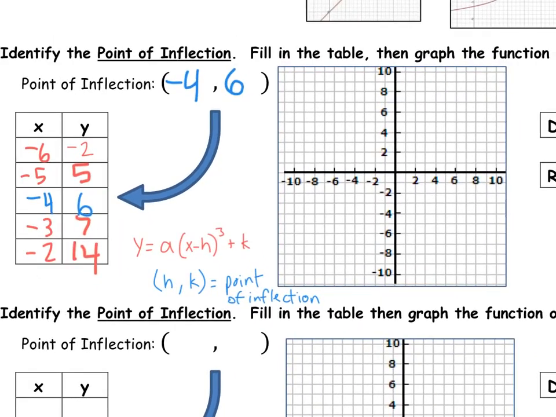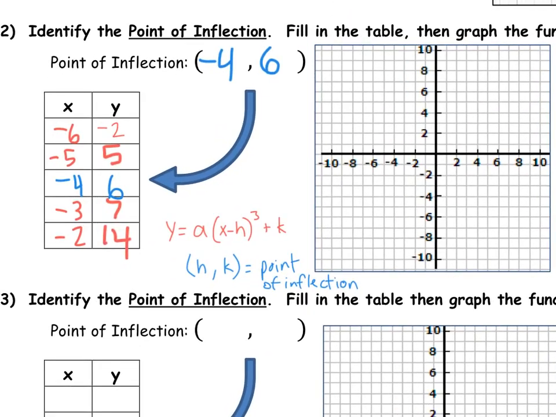Now that we have these 5 points, let's graph them. Negative 4, 6 is at this point right here. Negative 5, 5 is right here. Negative 6, negative 2 is right here. Negative 3, 7 is right here.